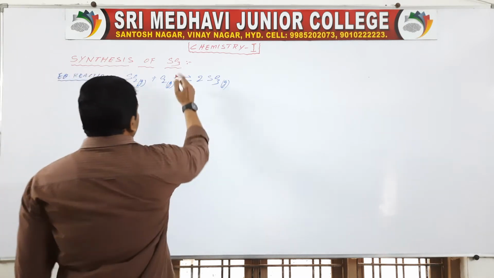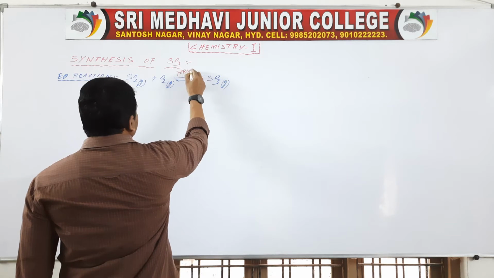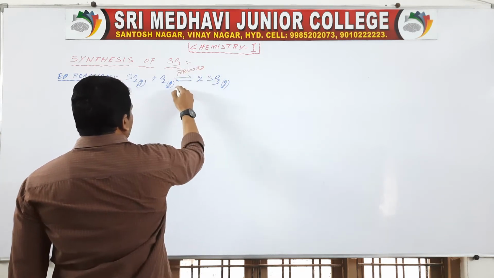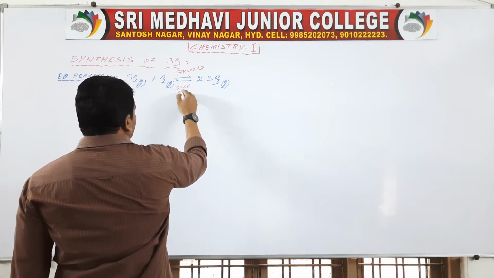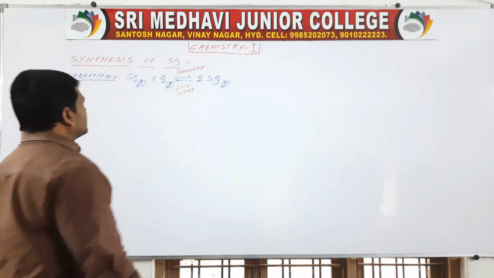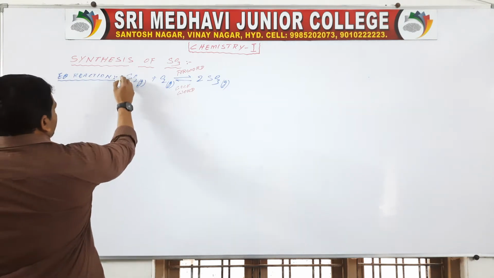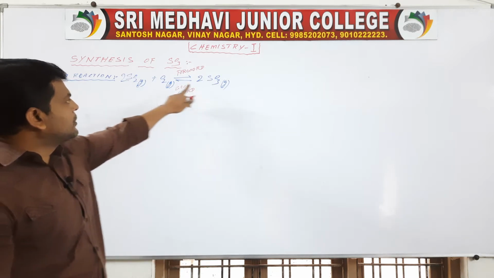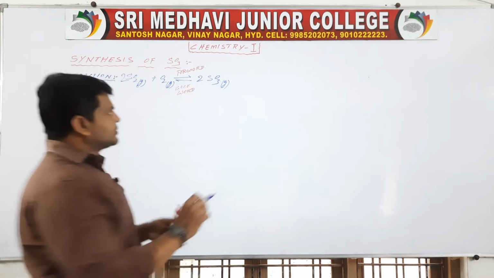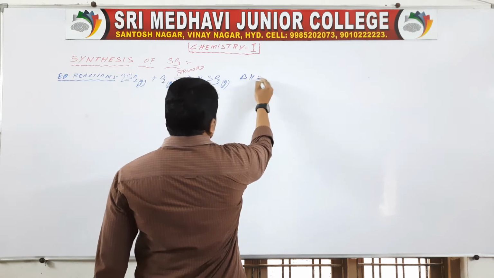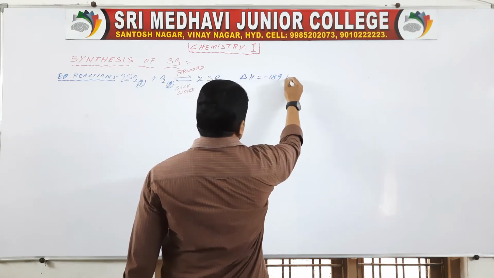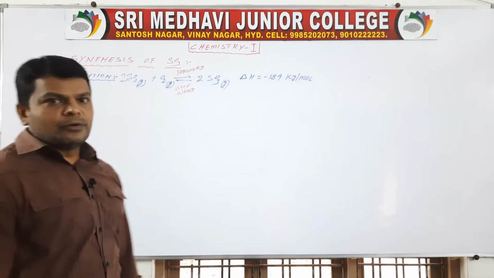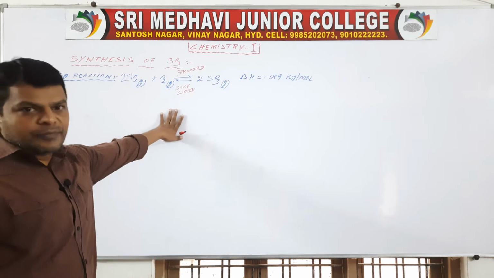So there is a forward reaction and a backward reaction. If you take 2 moles of SO2, it reacts with 1 mole of O2 to give 2 moles of SO3. Here delta H equals minus 189 kilojoules per mole. This is the reaction.